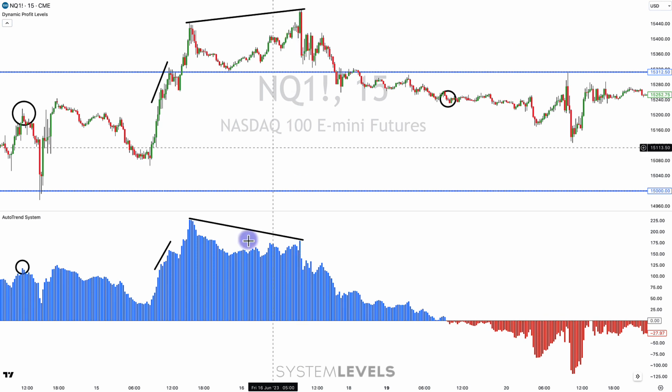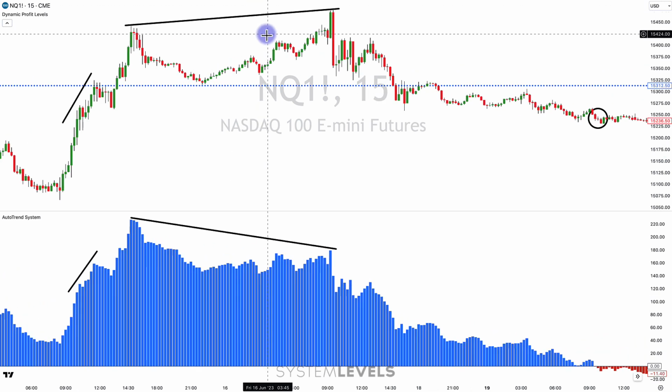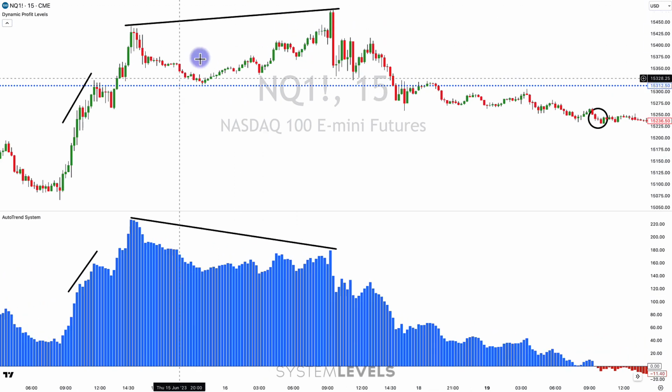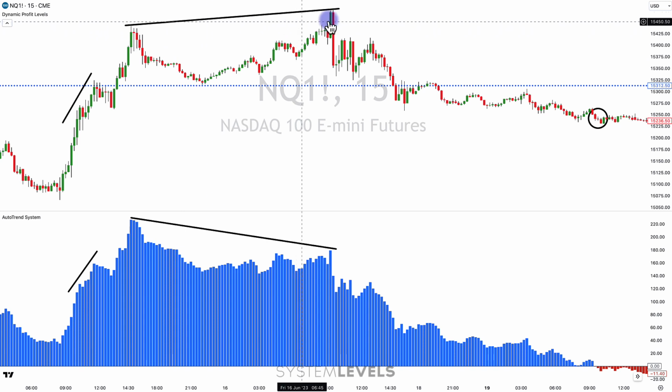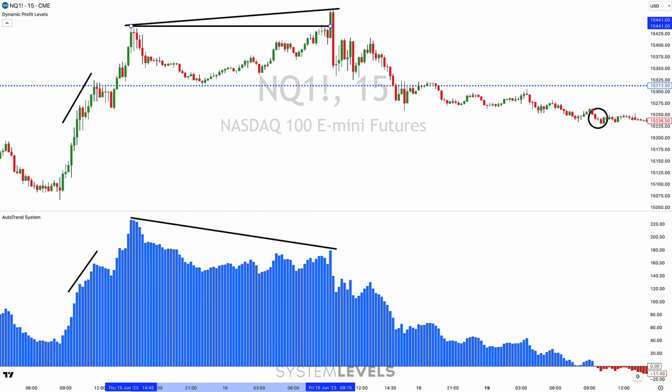Another really good reason why that works is because not only do we have divergence, which means weakening of the uptrend, but also we have people that are placing their stop losses just above prior highs. Those people are getting stopped out. Market makers can use those orders to get liquidity and move prices lower.